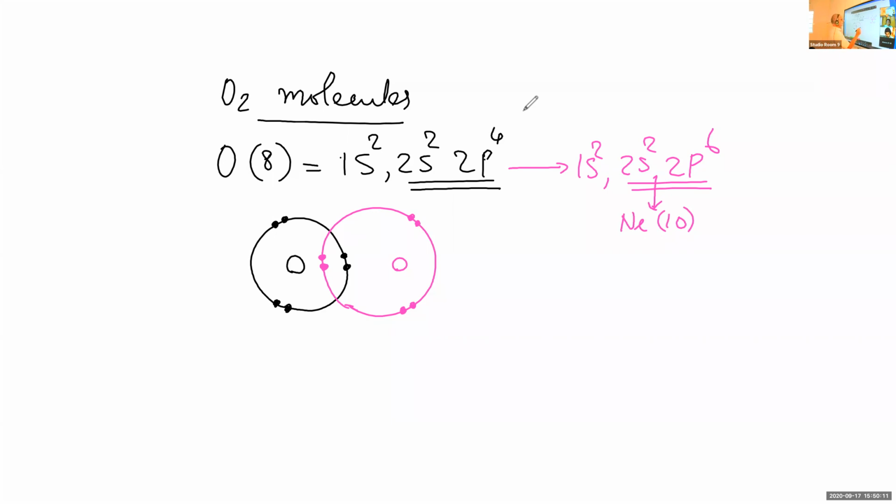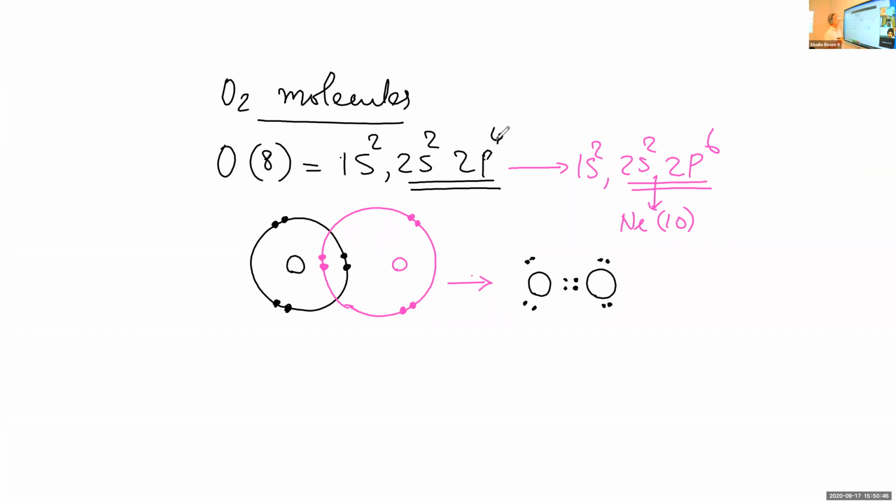This can be shown in another way also. There will be the oxygen atom, and in each oxygen atom there will be 2 lone pairs of electrons, and here there is a double bond. 2 pairs of electrons will be shared by both the oxygen atoms.